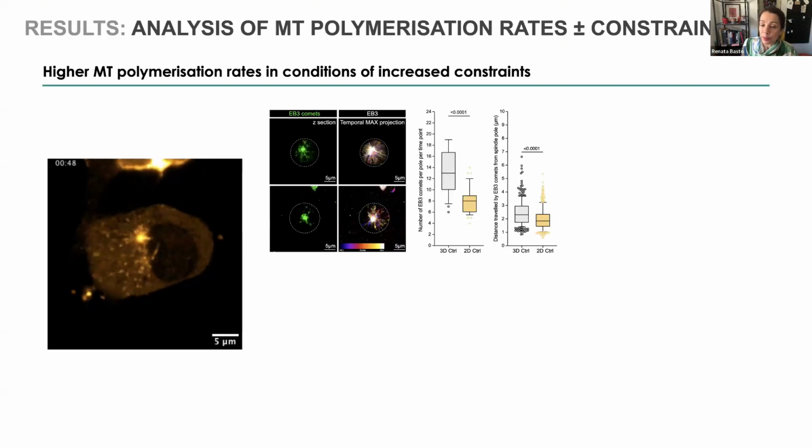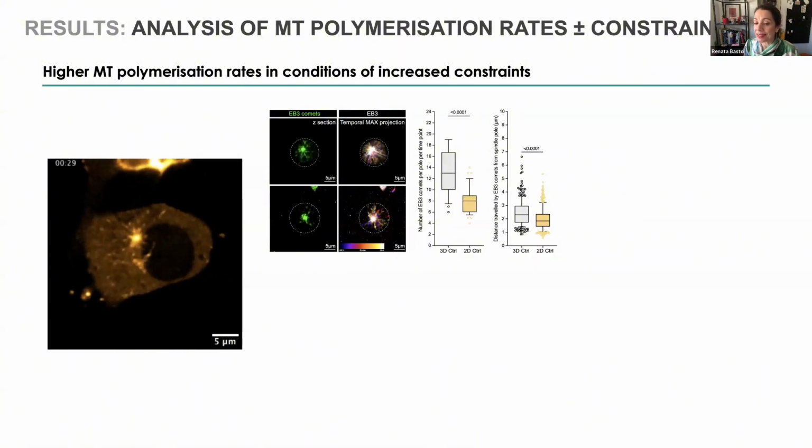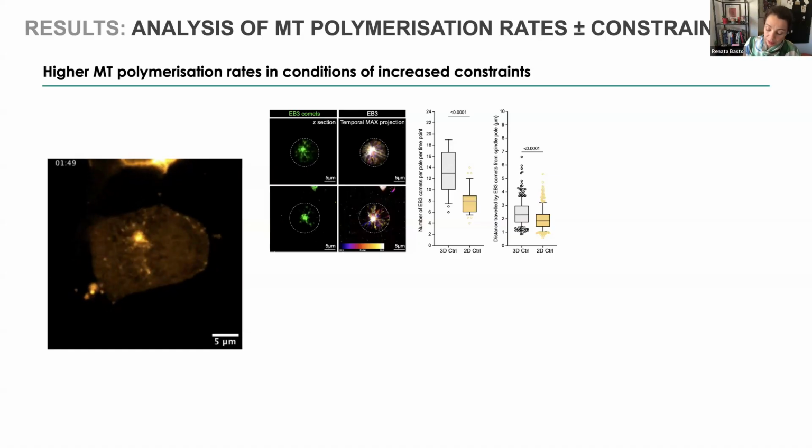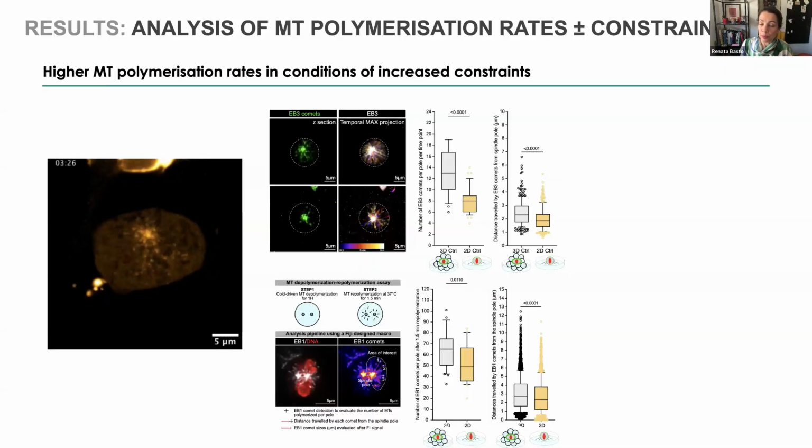If we do live imaging analysis and look at the number of EB3 comets per pole, we can see that it is always decreased in isolated cells compared to cells in a crowded environment, and the distance they travel is also decreased. Now, we do the same type of experiment, but before measuring EB activity we depolymerize the microtubule cytoskeleton and allow repolymerization for a very short time window.